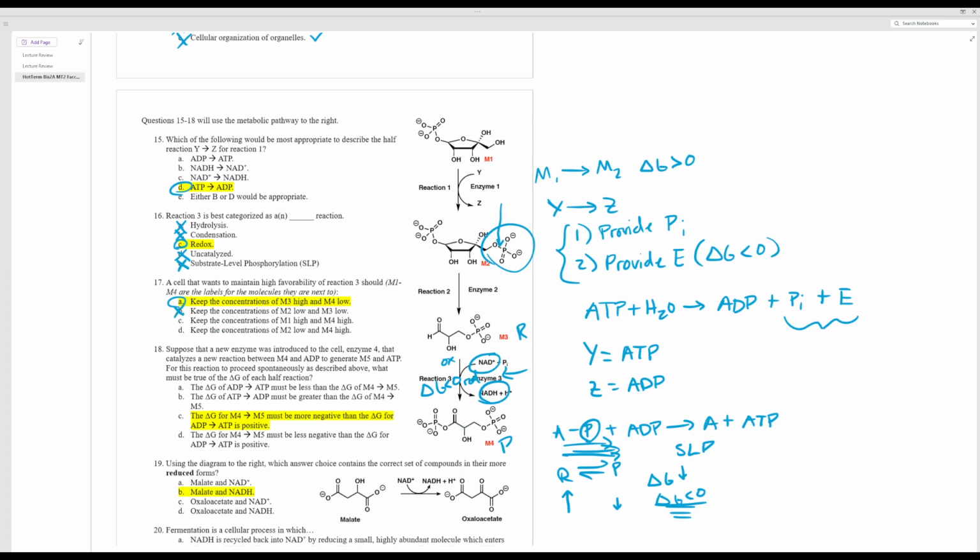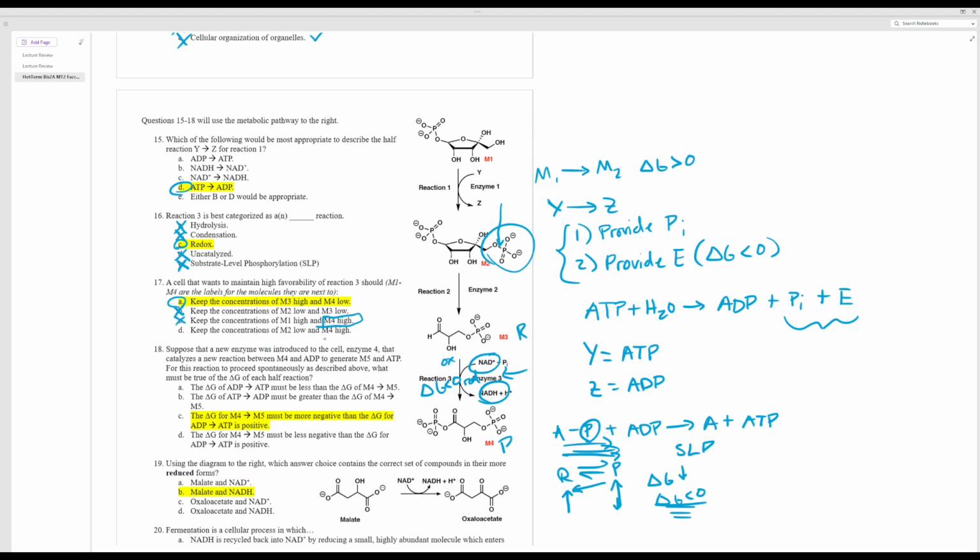For C, keeping the concentrations of M1 high and M4 high, if we keep the concentrations of M1 high, we may increase the amount of M2 we get, which would then increase the amount of M3 we would get. But our issue is with the high M4, right, we're increasing our product concentration, which means we would be disfavoring more product concentration. So the issue is this guy here.